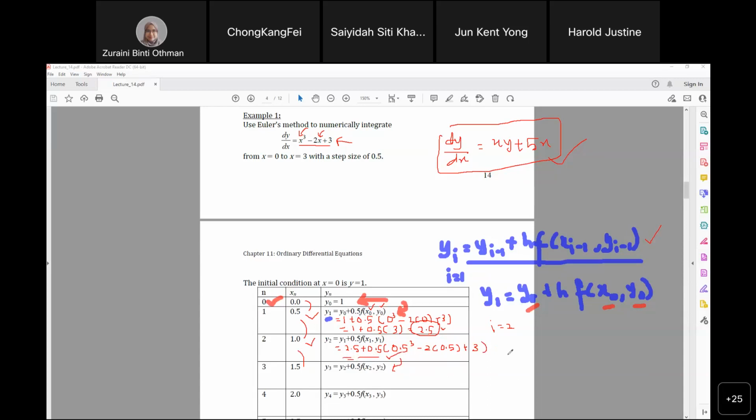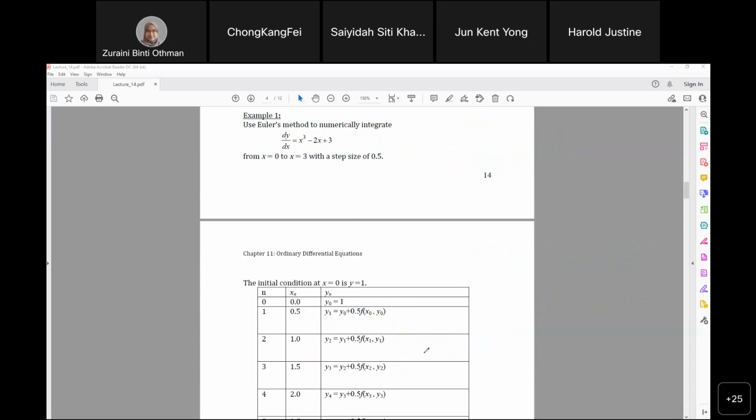Maksudnya nanti kita tengok recorded kalau tak faham. Okay, then kita akan dapat y3. Y3 ni pun sama je proses dia. But the value yang dekat sini akan berubah kepada value yang baru kita dapat pada x2, y2. Okay, any question for that?